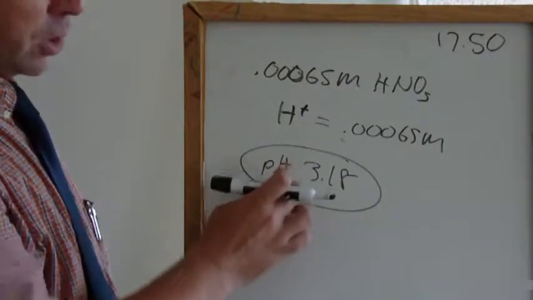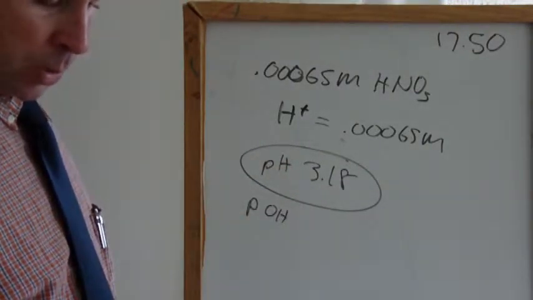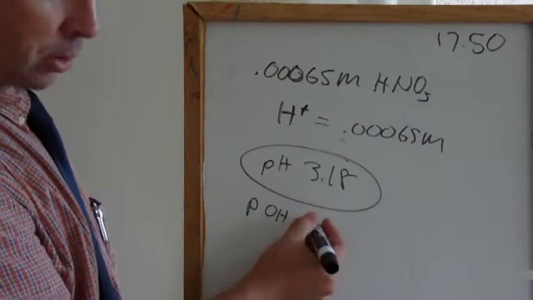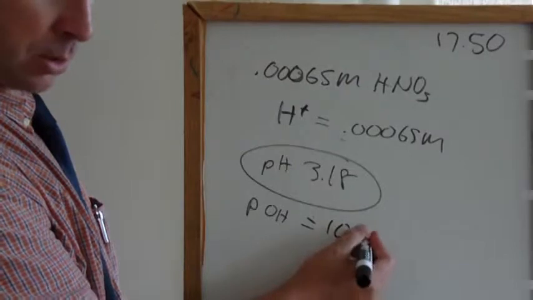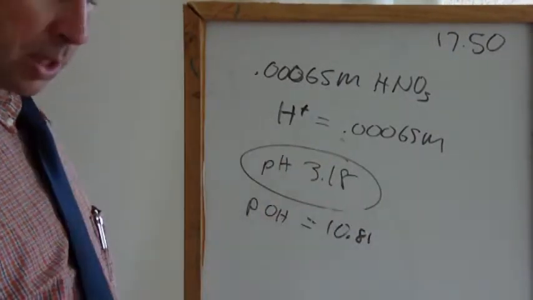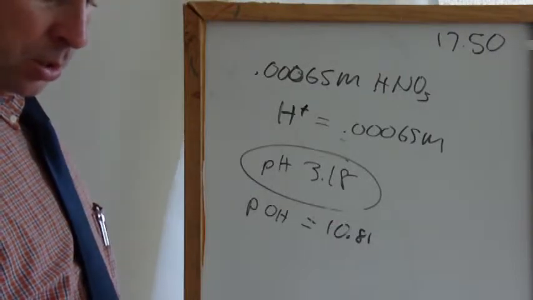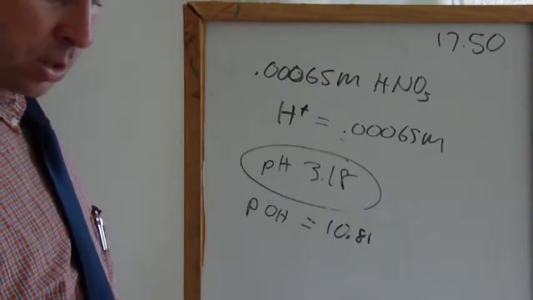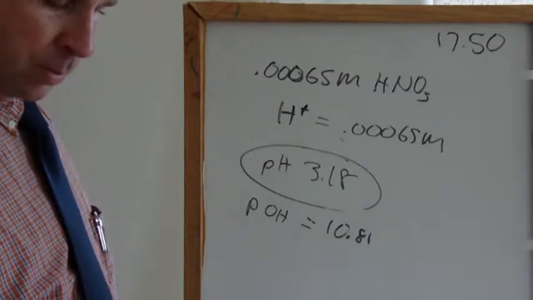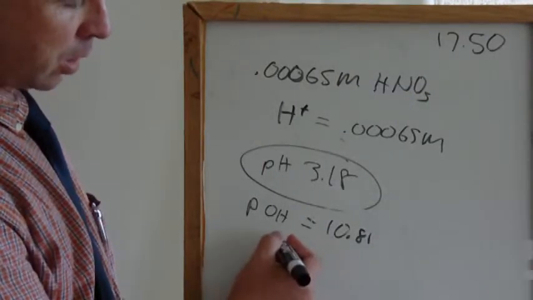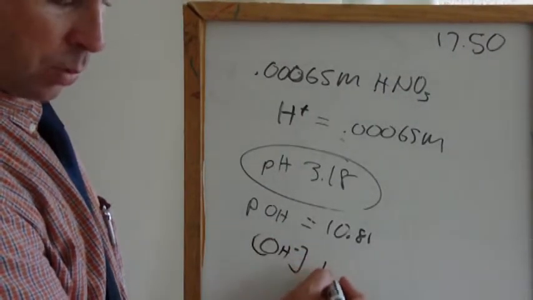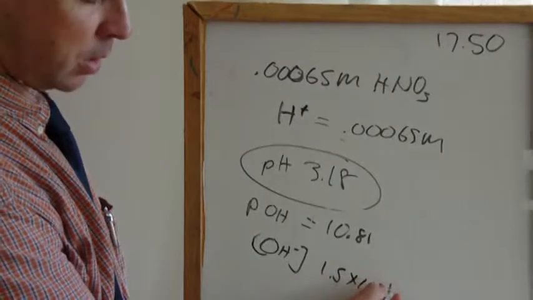So if we take the value 14 and we subtract our 3.187, then we get a pOH of 10.81. All right, and with that pOH, now we can take 10 raised to the negative 10.81, and that'll give us the concentration of the hydroxide ion in solution, which is 1.5 times 10 to the minus 11.